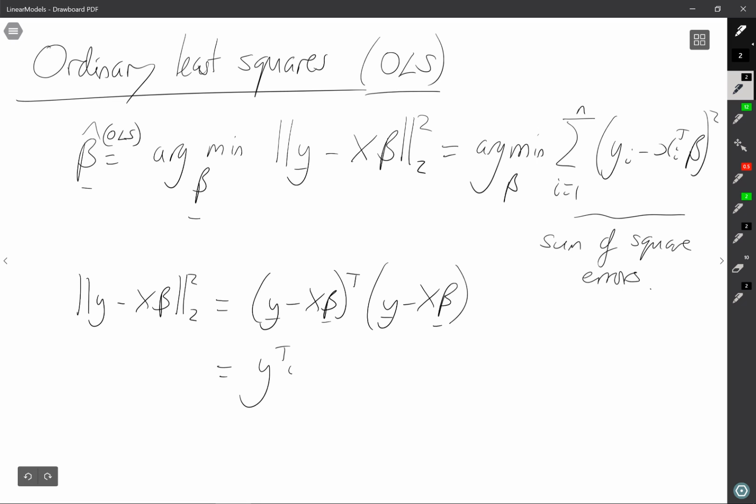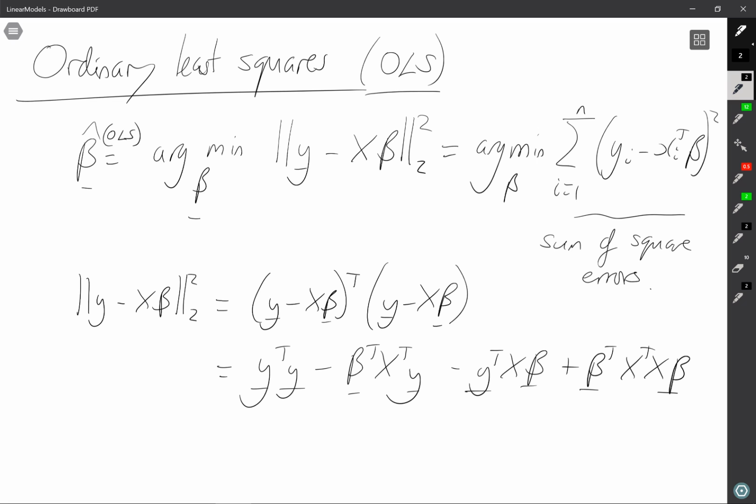This gives us y transposed y minus beta transposed X transposed y minus y transposed X beta plus beta transposed X transposed X beta. Now these two middle terms are scalars, so this is just the same as y transposed y minus 2 lots of beta transposed X transposed y, plus beta transposed X transposed X beta.